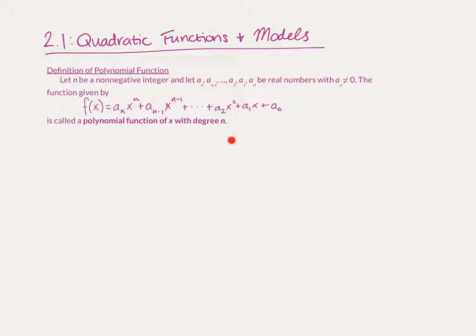So let's talk about a couple functions. For example, what if you were looking at f of x equals ax plus b? This has a degree 1, so it's a polynomial function of x with degree 1, or a linear function.